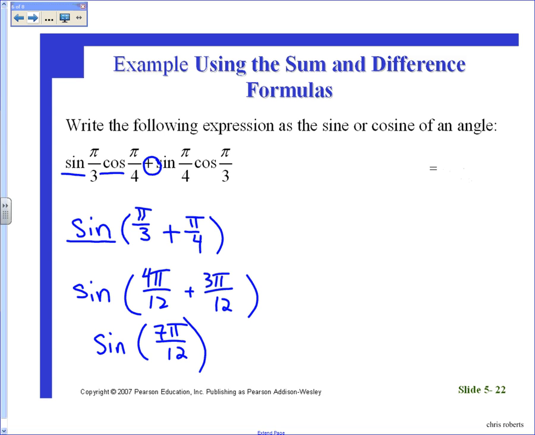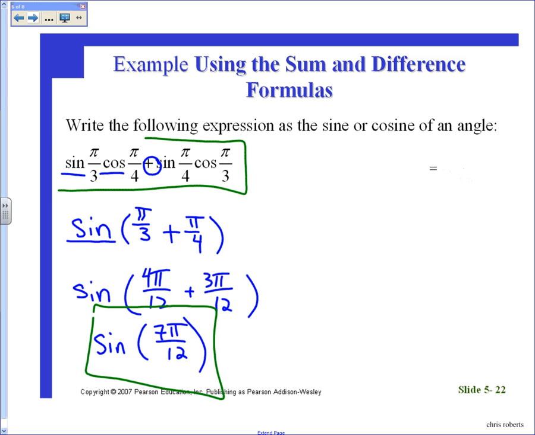So in the previous example, we were given this and we had to come up with this. Now we're just working in the opposite direction. So again, sine of 7 pi divided by 12. Positive sign, and the sine and cosine tells me it is the sine of a sum.